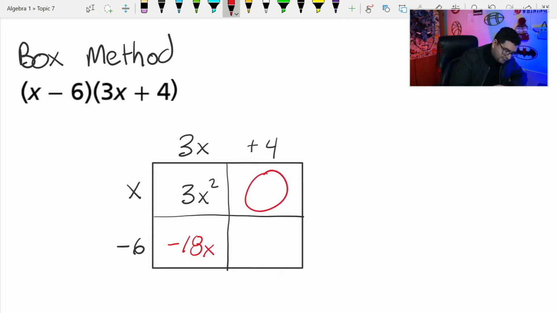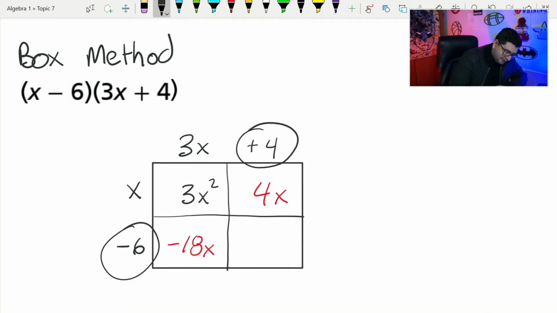For this box, the top right, I need to multiply this positive 4 by this x. It becomes sort of a multiplication table. 4 times x would give me a 4x. And then finally, this last box down here on the bottom right, I'd multiply a positive 4 and a negative 6 to get a negative 24.